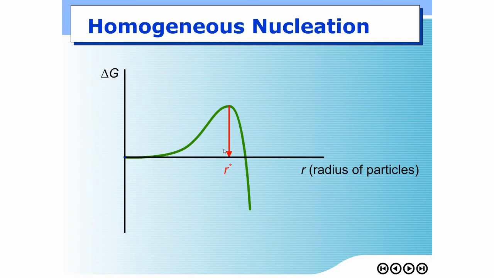But some other people use R star to be this size according to thermodynamics, that when you get a size greater than this point, your particle is stable. So whether your critical size is here or there depends on your definition. Okay? But anyway, it's not significantly different.